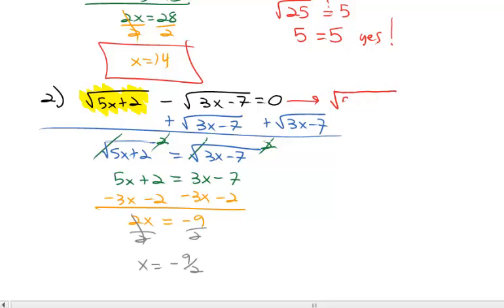The original problem was the square root of 5x, which we claim is negative 9 halves, plus 2, minus the square root of 3x, which we claim is negative 9 halves, minus 7. Hopefully that equals 0.